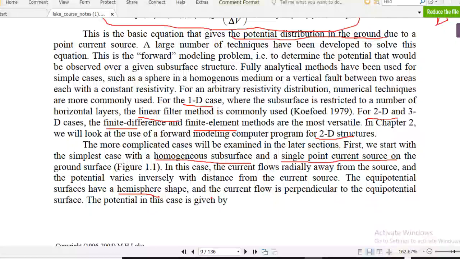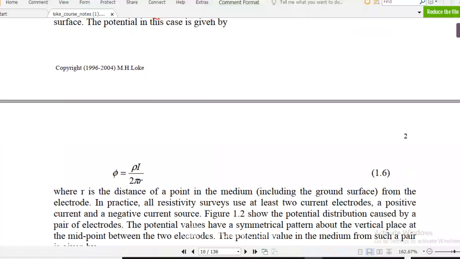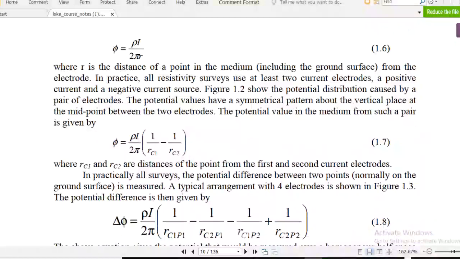Now, before we proceed to the details of two-dimensional, let us have a good understanding of one-dimensional, which means we have a subsurface here and one current electrode. Assume a single current electrode.